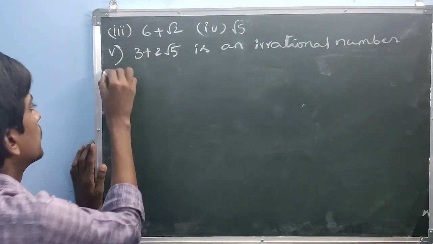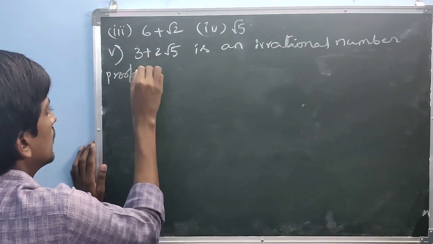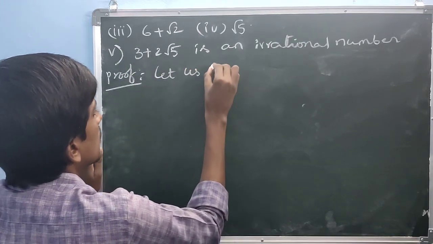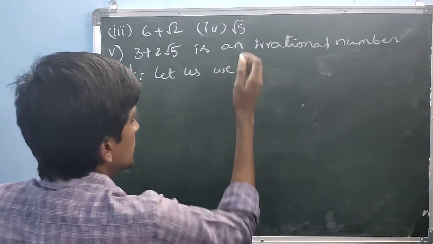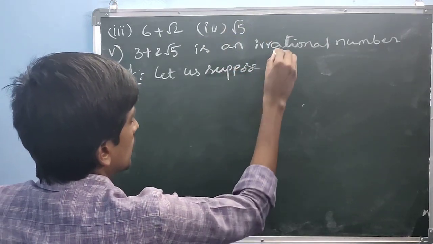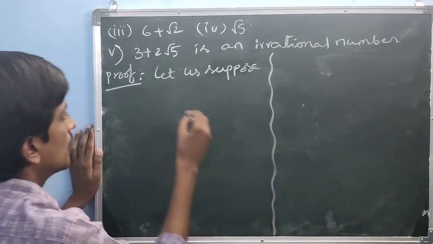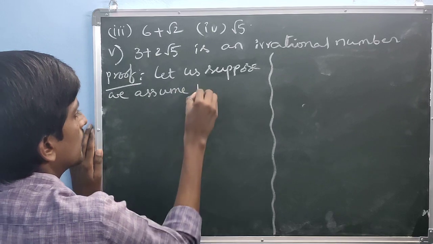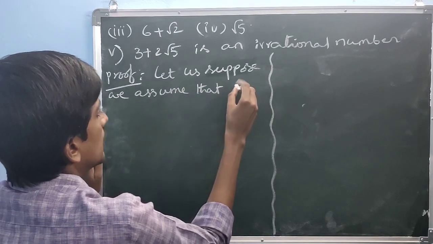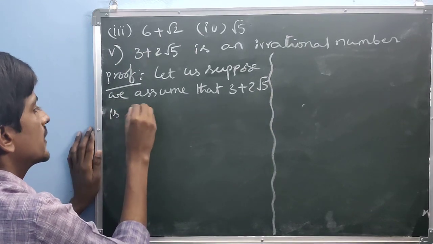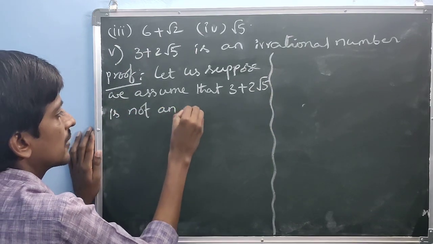Proof. Same as before. Let us suppose, we assume that 3 plus 2 root 5 is not an irrational number.